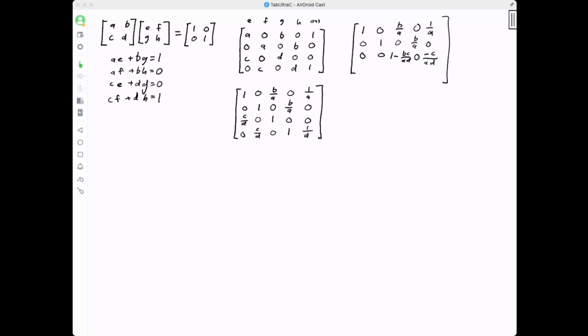And for the last row, let's make this just a little bit bigger. I'm going to get 0 when I take the C over D minus C over D times the second row. I'm going to get a 0, then a 0, and then a 1 minus BC over AD.